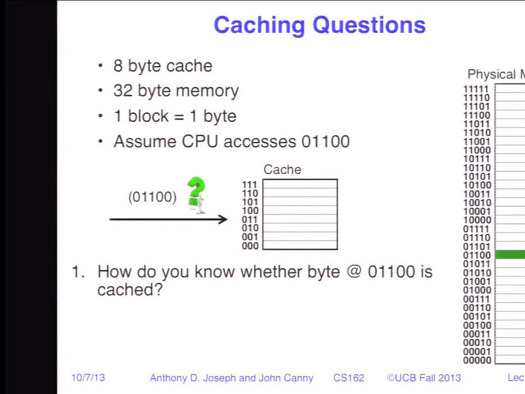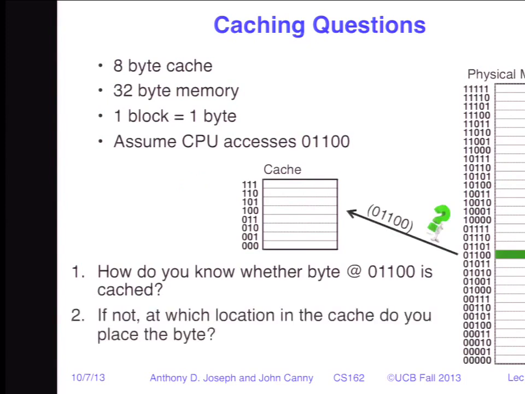All right. So here's the byte in memory. Is it stored in our cache? The second question we want to ask is, if it isn't stored in our cache, where would we put it in the cache? And we have 8 choices of places to put it. And then the third question is our replacement policy.